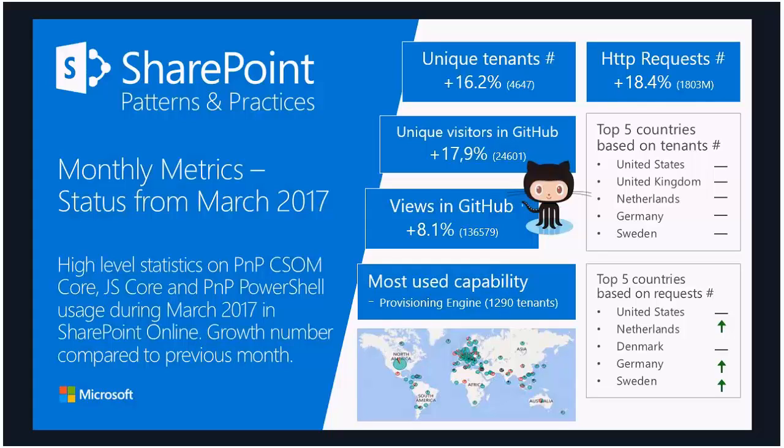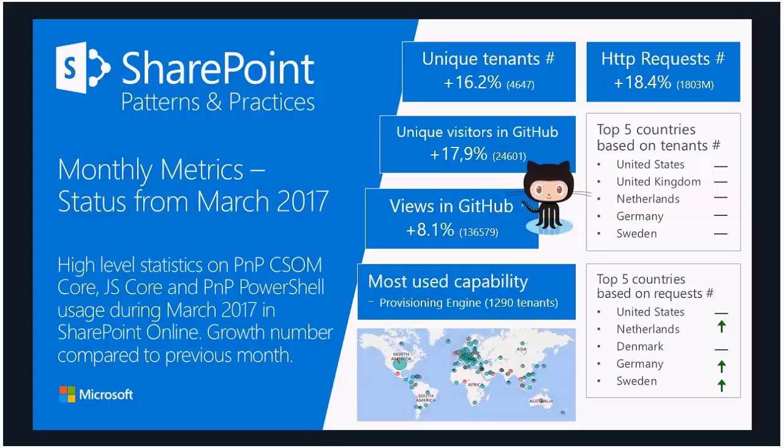We are at 1.8 billion requests per month. And we also increased the number of unique tenants using PnP. That means that the core library and the PnP.js core and all the stuff we provide as PnP is used by a lot of companies in production, in real production tenants.